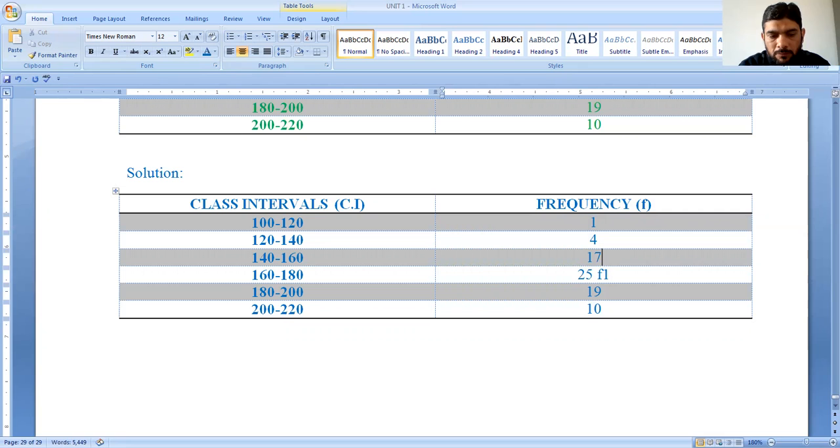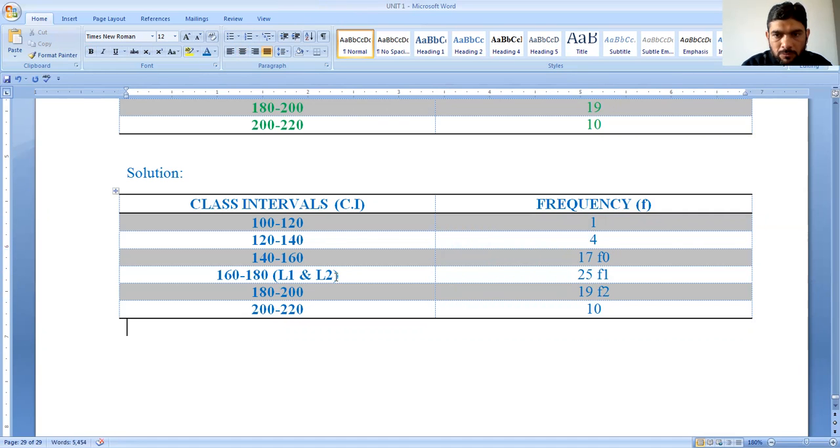The preceding value will be F0. The post value will be F2. The class interval corresponding to F1 will give the lower and upper limits, L1 and L2.